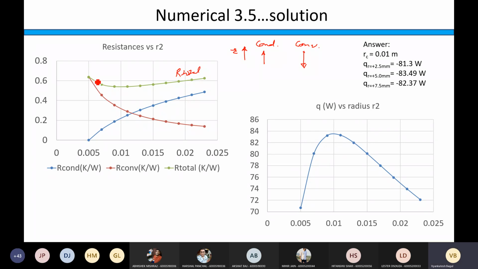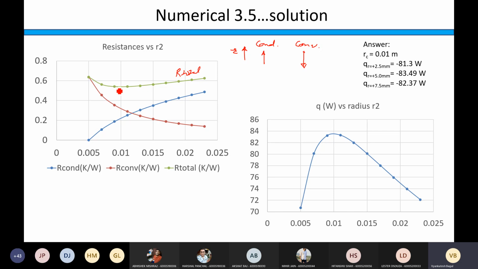And what you can observe is, as we said before, that initially when you add the insulation to the base radius, you will observe there is a decrease in the total resistance, right? It will become minimum at a certain point, and then it will again further increase, right?